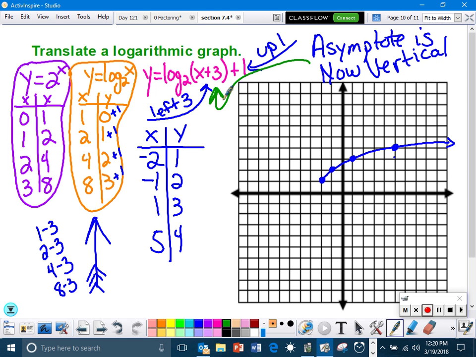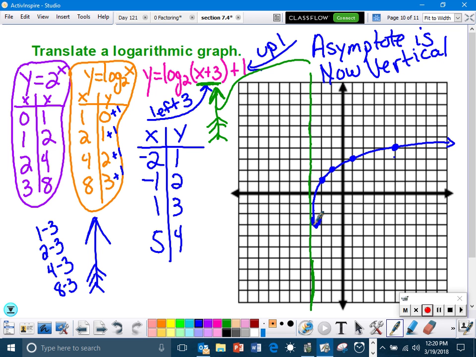It shifted to the left 3 units. So in this situation, that's going to be my boundary line, my asymptote at negative 3. So that means my line looks like this. It's going to get closer, but it's not going to cross it. So that's what this graph looks like.